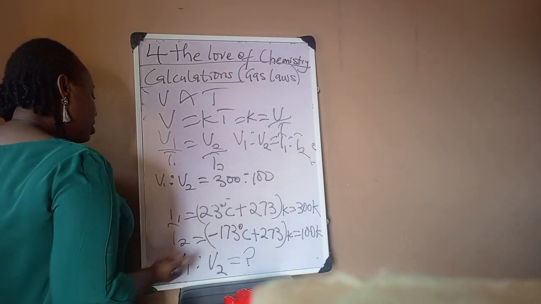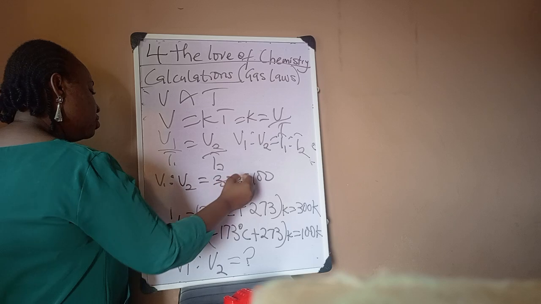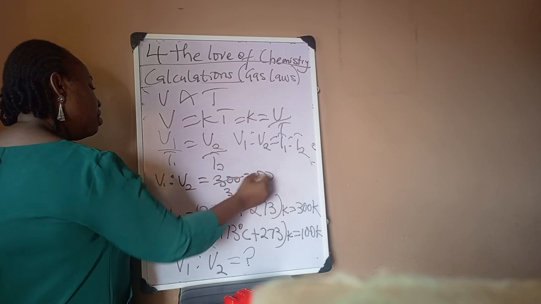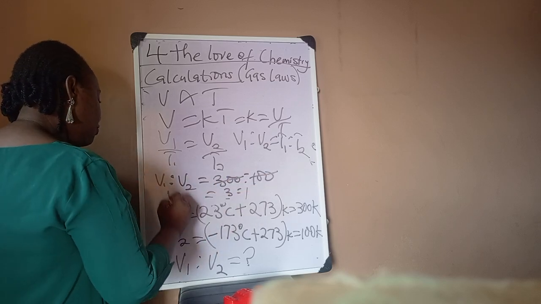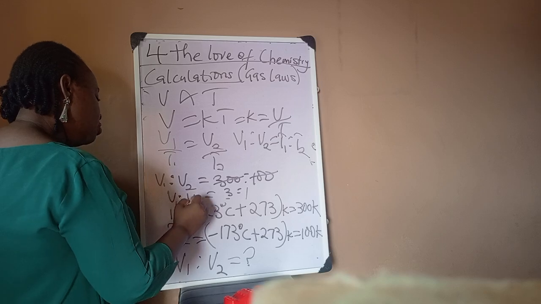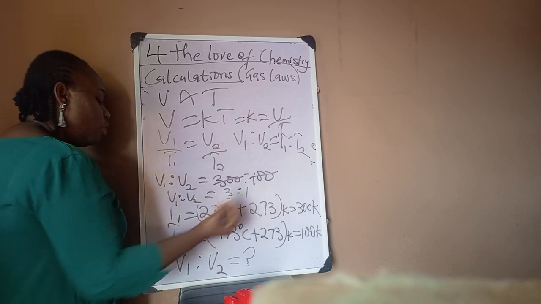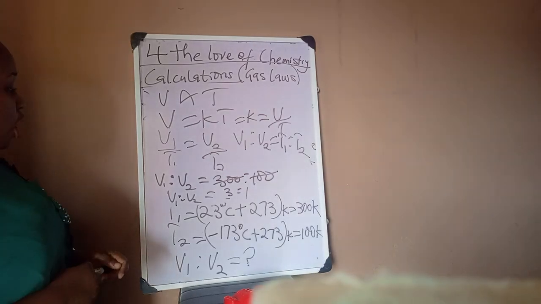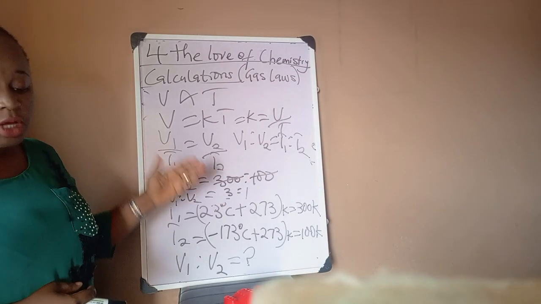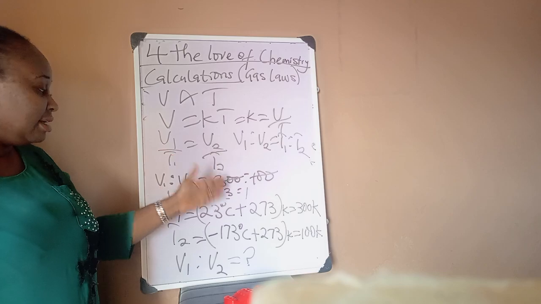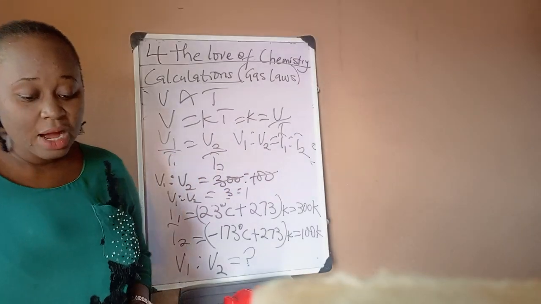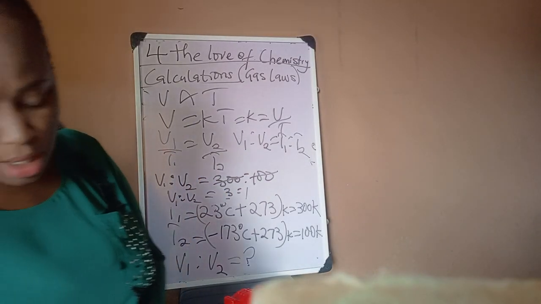So we reduce this to the lowest term. Of course, 100 here will give you 3, 100 here is 1. So V1 is to V2 will be 3 is to 1. So the ratio of the initial volume to the final volume is 3 is to 1. That is our answer. All right.